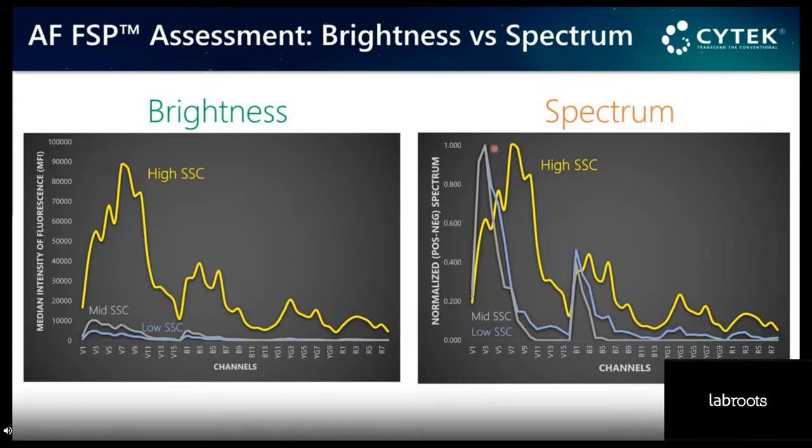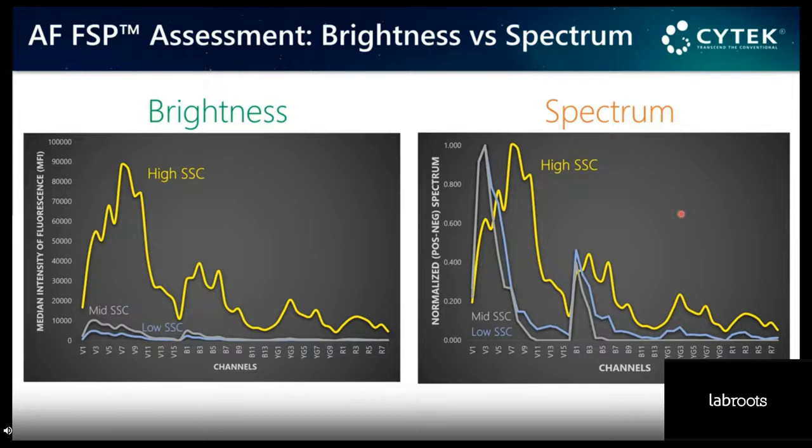Now that I compare on the same scale, I can understand if there are differences in the spectrum. As I see, mid and low are very similar in the spectrum, and the opposite happens with the high scatter, different in multiple areas of that profile, including yellow, green, and red.